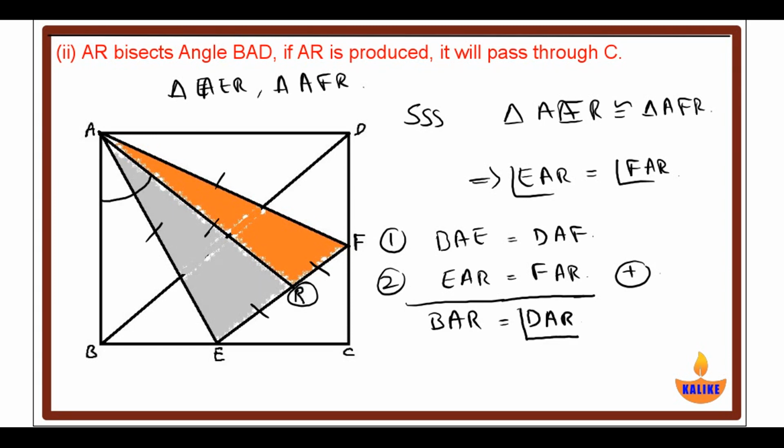Therefore, these two angles are equal because we are adding equal to equals. So, BAR is equal to DAR. In other words, AR is bisecting angle A. Since this is bisecting angle A, if I extend this, it will touch the other end of this square, that is at point C.